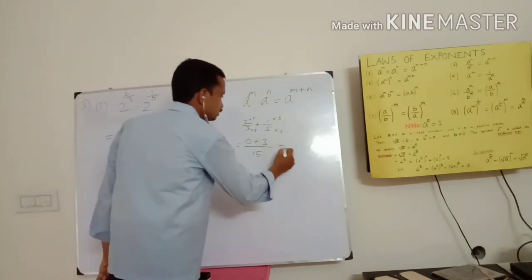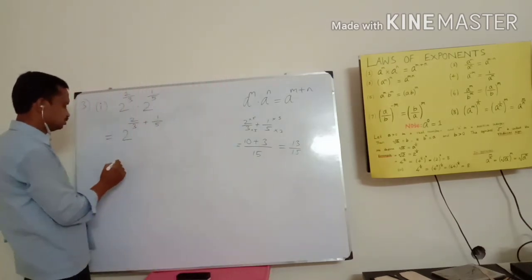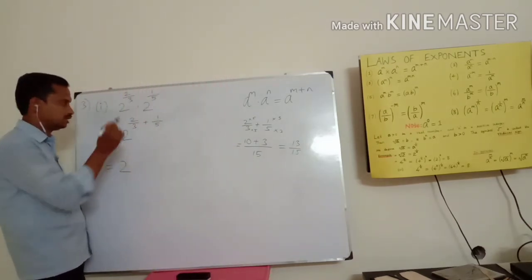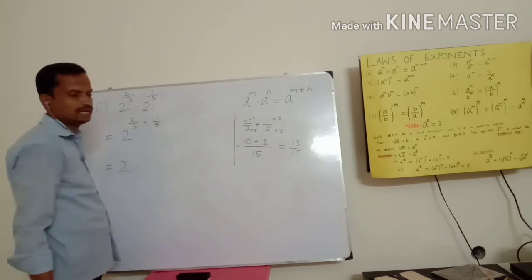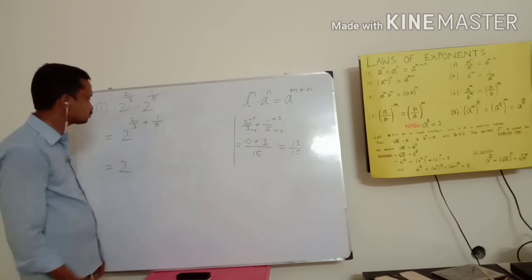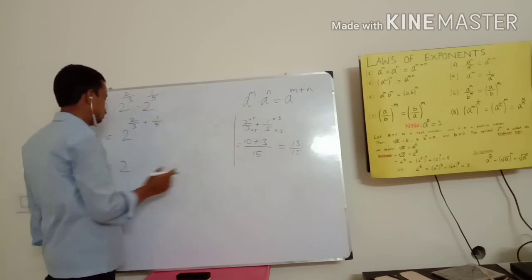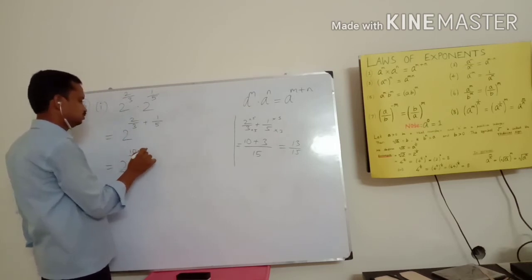You get 13 by 15. So the same process you can apply here. By doing like this in the rough column, we can directly put this, or you just do the same thing like this only, 15 and here 10 plus 3.